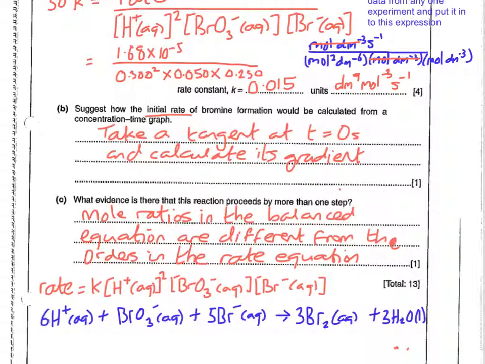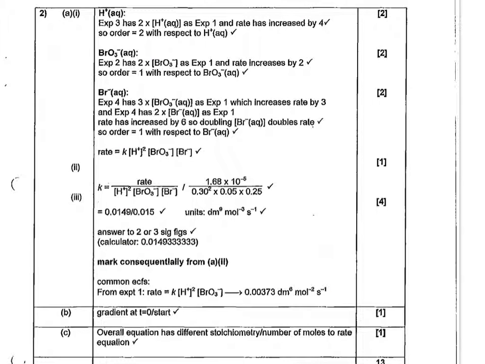Okay, so let's have a look at the mark scheme to see how we did. So we compared experiment 1 and experiment 3. We got order 2 for H plus, and we talked about the rate increase by 4.